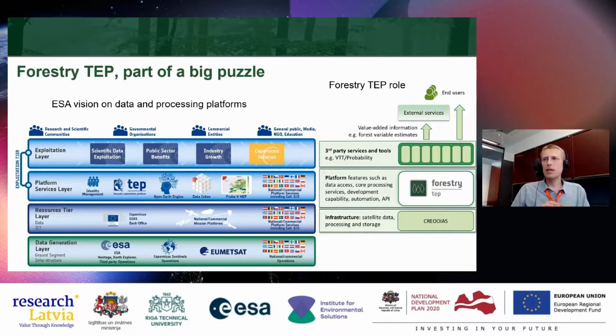And on top of that, we have what is called the resource tier layer, which is basically the storage and distribution platforms. Here in this layer, many countries have their own distribution centers. But most importantly, here we have the Copernicus DIAS platforms, the data and information access system platforms or services.